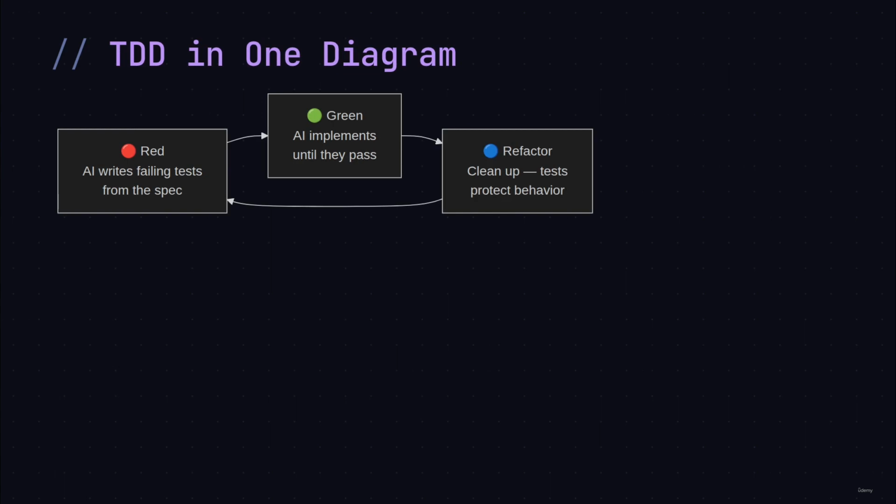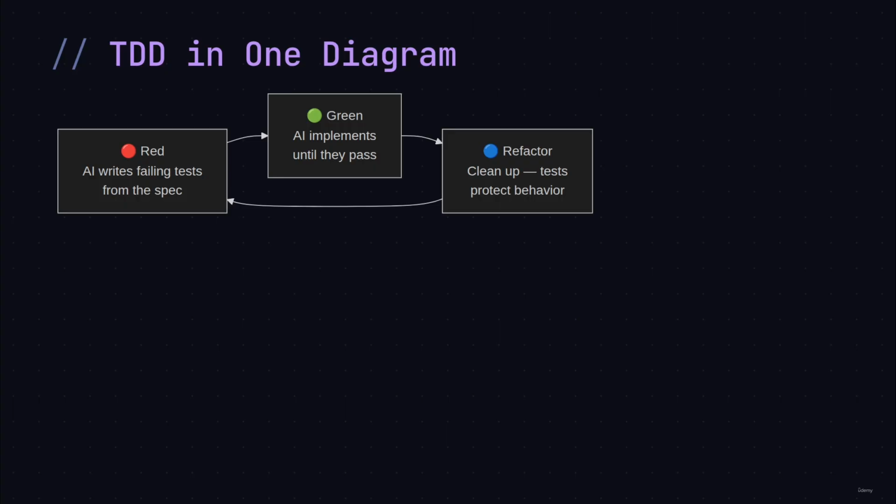Now let's look at the TDD diagram again so that it makes more sense. We have three steps in this process. The first step is called the red step, and this is when the AI writes the failing tests from the spec. This is the spec.md file that we are going to create. After that, we'll ask the AI to look at the tests and then create the function from the tests that are based on the spec. And then the last step is the refactor step, the blue step.